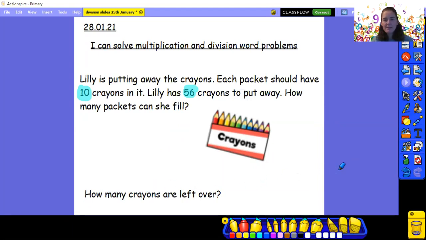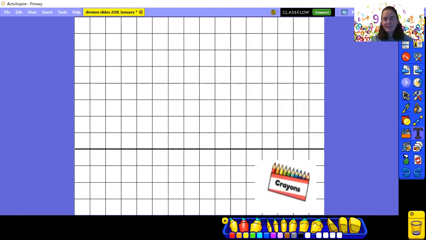So what number sentence did you choose to write? You should have written a division number sentence. You're right, because we're going to see how many 10s go into 56 and how many are then left over. So I'm going to share my next screen with you so we can go through how we would solve this. So we've got 56 crayons.